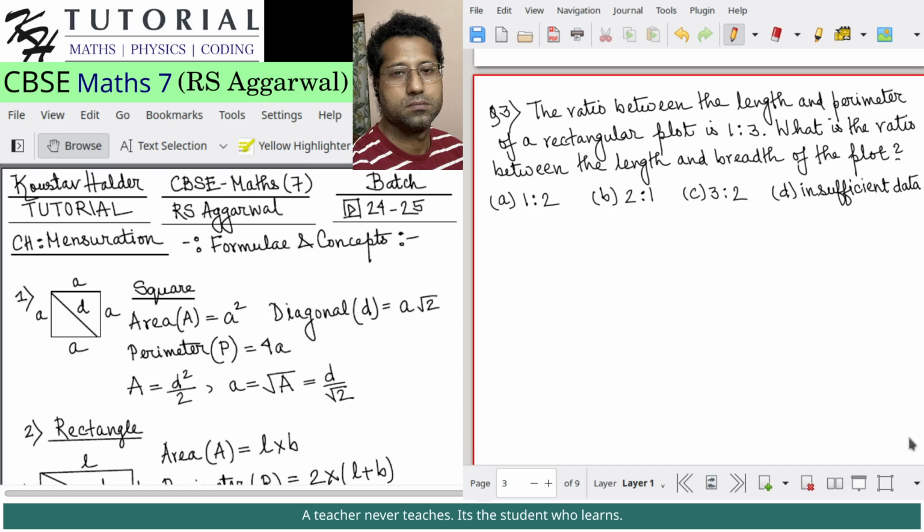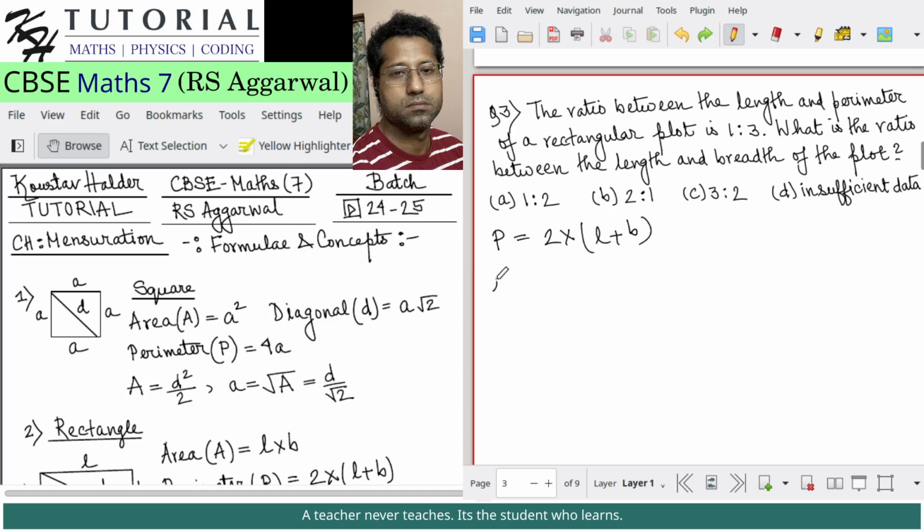Okay. So what is perimeter? If we consider small l as the length and small b as the breadth, perimeter is, we know, 2 into length plus breadth. The ratio between the length and perimeter of a rectangular plot is 1:3.